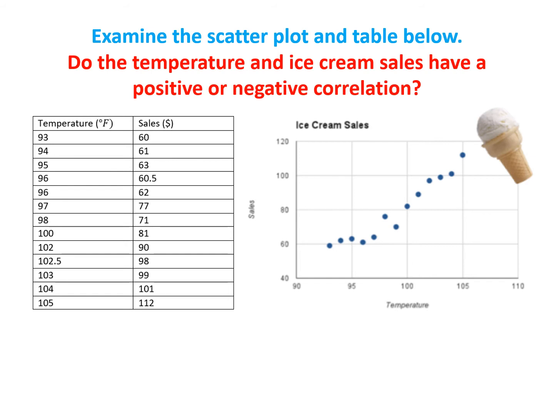And as we can see, these dots look pretty much like, and I think you will agree, are going up the hill. Again, I just did a rough sketch there. And so I would definitely say that this scatter plot has a positive correlation. Again, the actual values for the ordered pairs of each of those dots is listed in that table on the left.